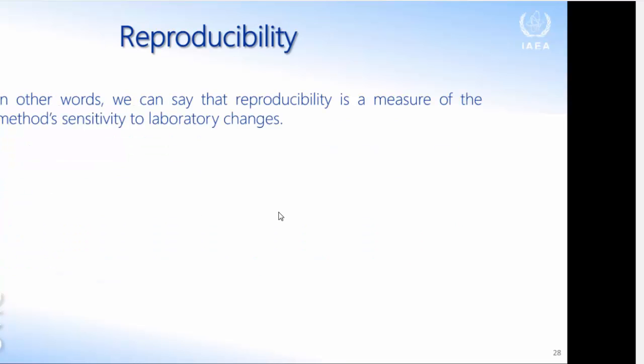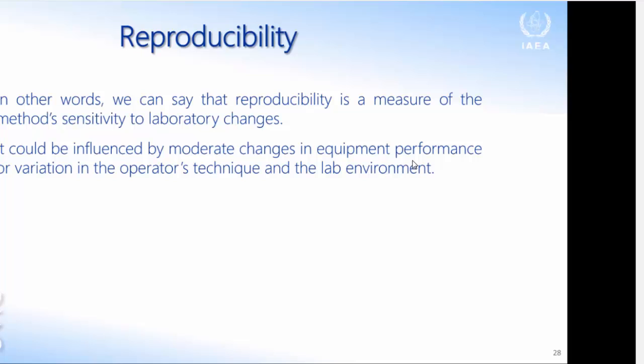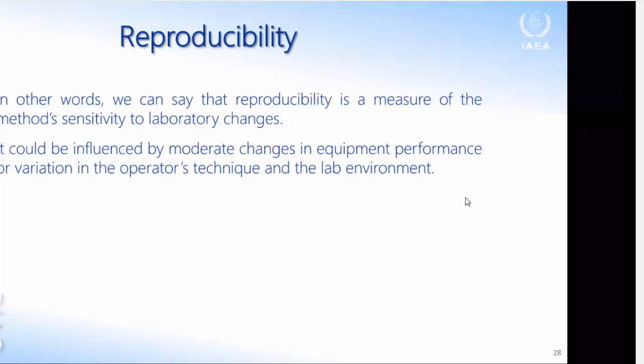In other words, reproducibility is a measure of the method's sensitivity to laboratory changes. It could be influenced by moderate changes in equipment performance, variation of the operator's technique, and the lab environment.